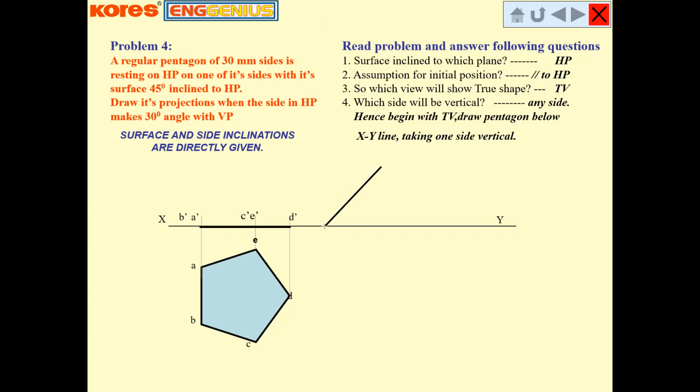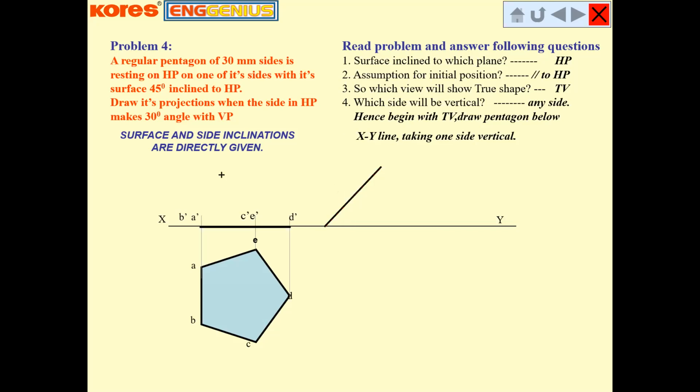So here what we have done, we have created one line at 45 degree angle, then we have measured this length. We have measured this length and we have shifted that length at 45 degree angle. These two lengths are similar to each other. It means we have simply copied and pasted the front view, but at the given 45 degree angle.